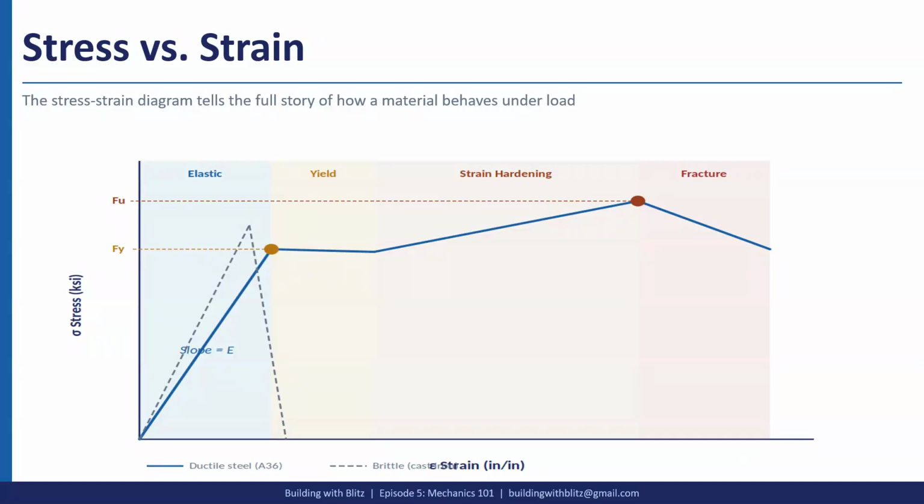We have an increase of the stress capacity once we have reached past the yield point into the plastic hardening region. And then once we reach the extent of our strain hardening phase, we have our ultimate stress capacity.